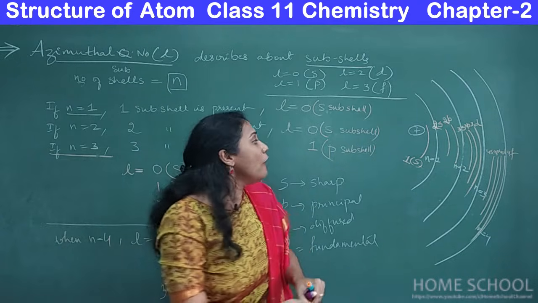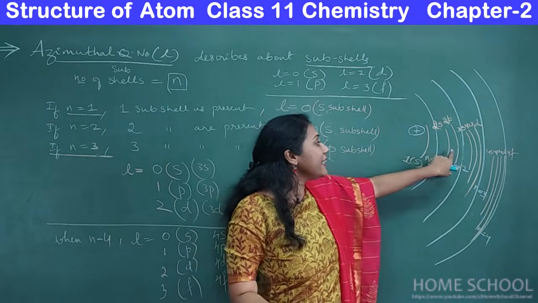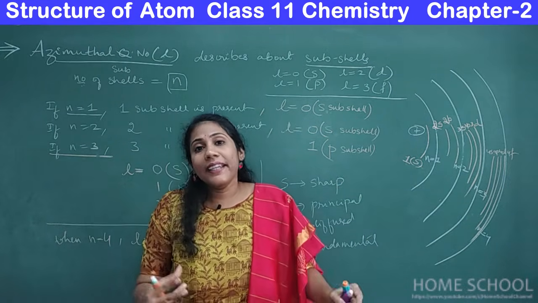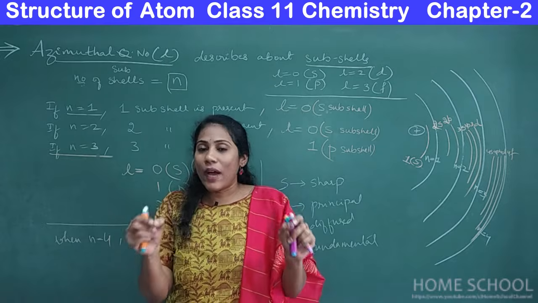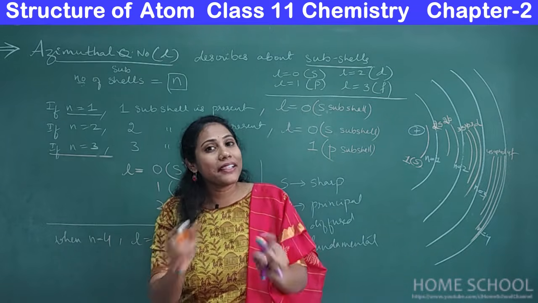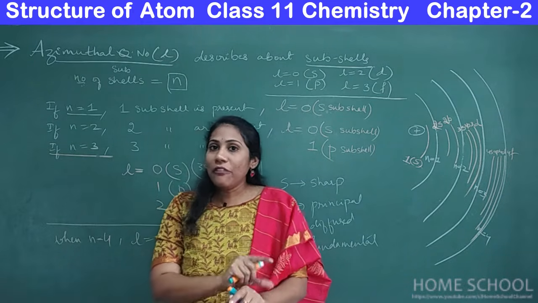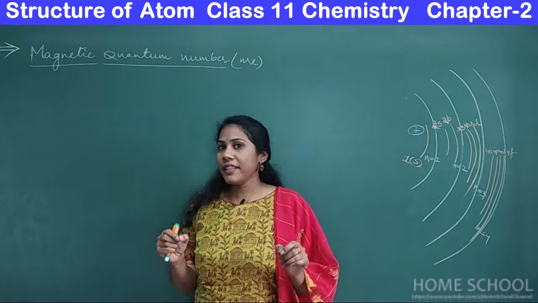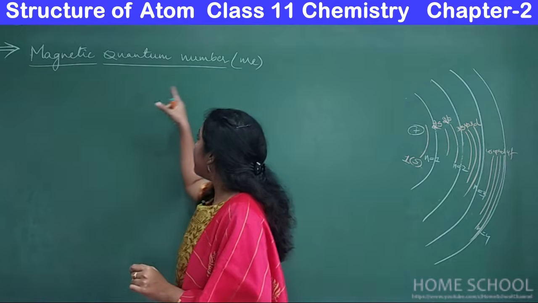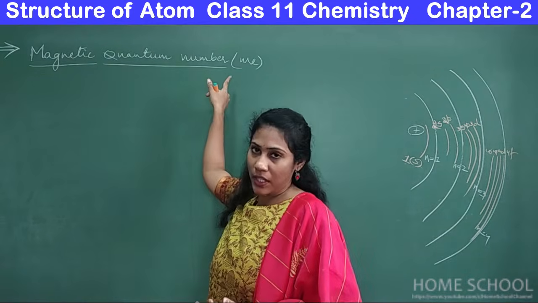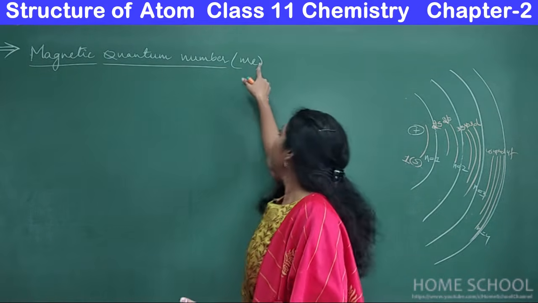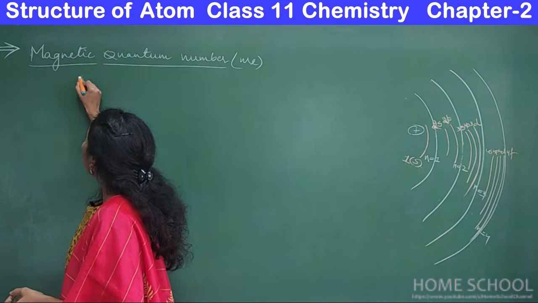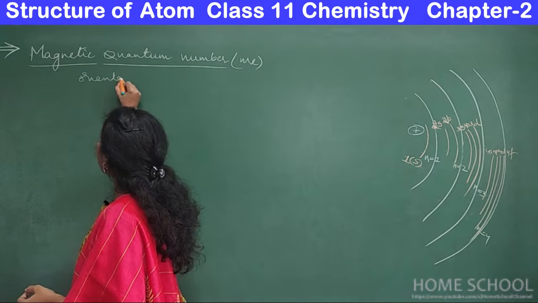The number of orbitals present in each subshell and their names, everything is described by a quantum number, the magnetic quantum number. So now we will discuss the magnetic quantum number in a detailed way. Our magnetic quantum number, designated as small m_l, mainly describes the orientation of the orbital.